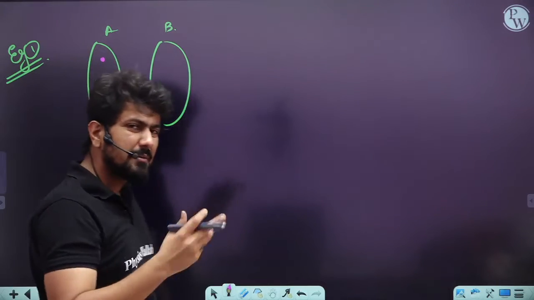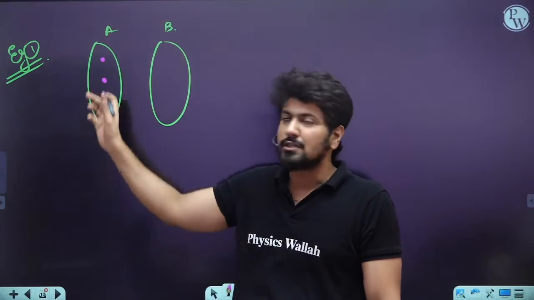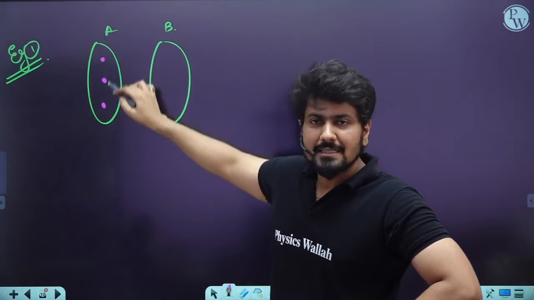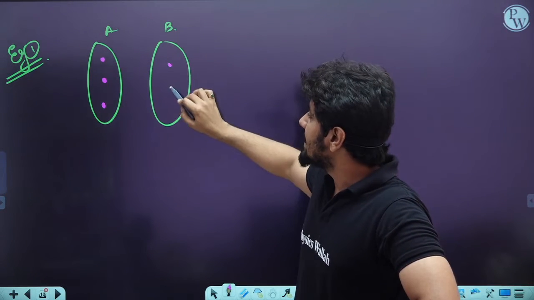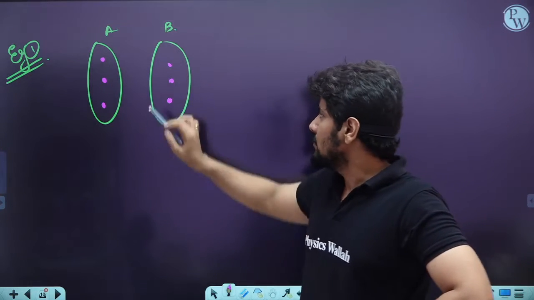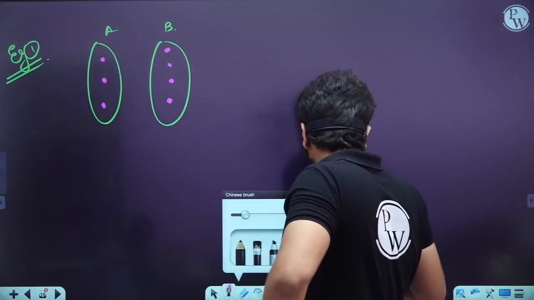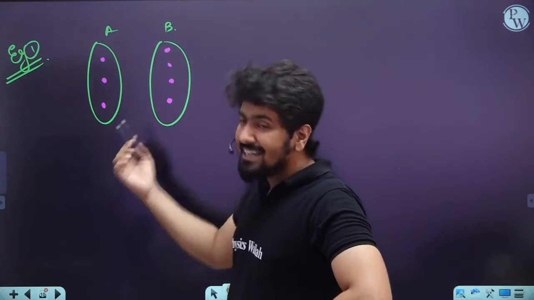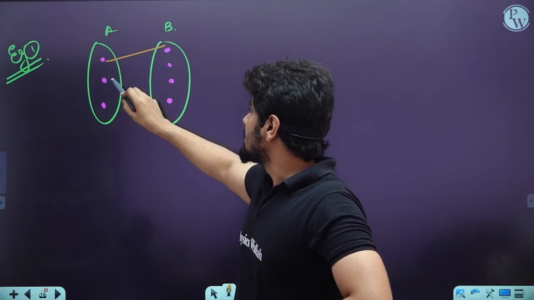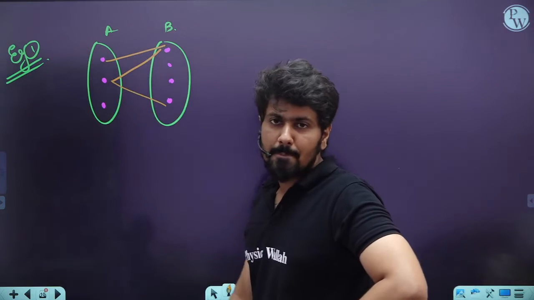These 3 dots will represent 3 elements in the set A. They can be anything: A, B, C, or 1, 2, 3, or 4, 5, 8, whatever. Input can be anything. So there are basically 3 inputs. And in the set B, let's say there are 4 outputs. Now, if I define a relation like this, this element is related to this one, this is related to this one, and this is also related to this one.